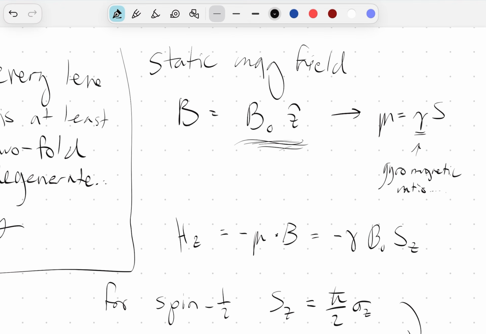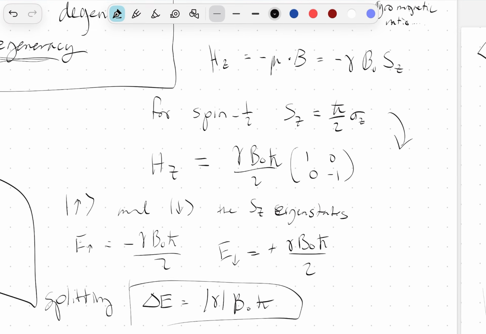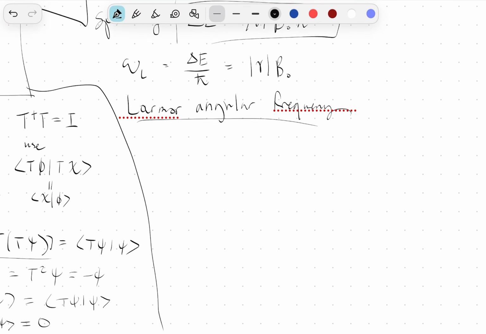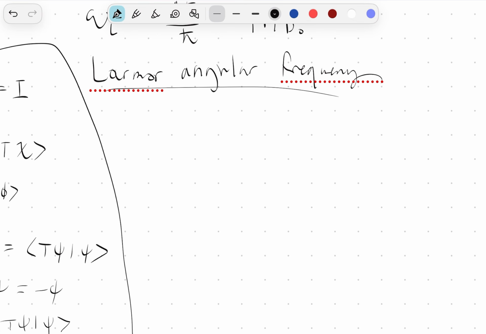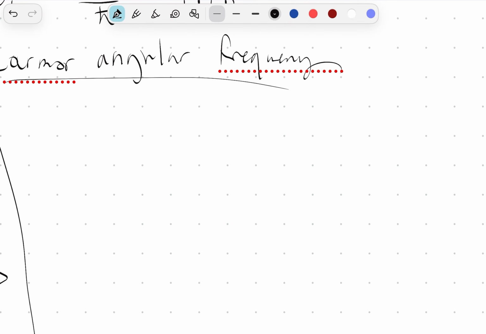Because it's coupling to the spin, it breaks time reversal symmetry. In other words, this interaction means that the Zeeman Hamiltonian is not unchanged after time reversal symmetry.